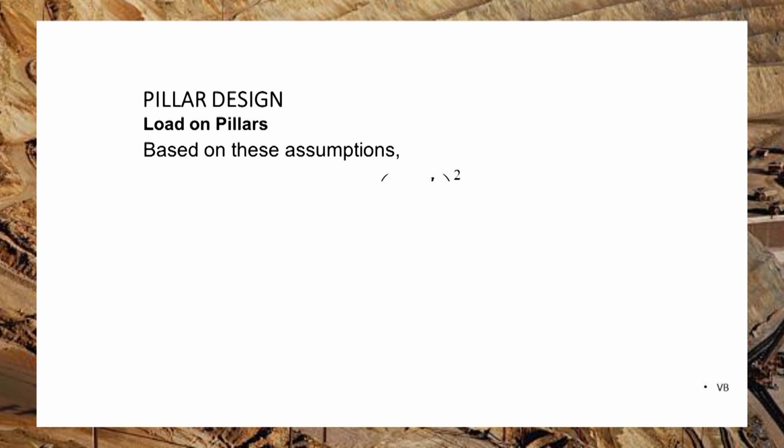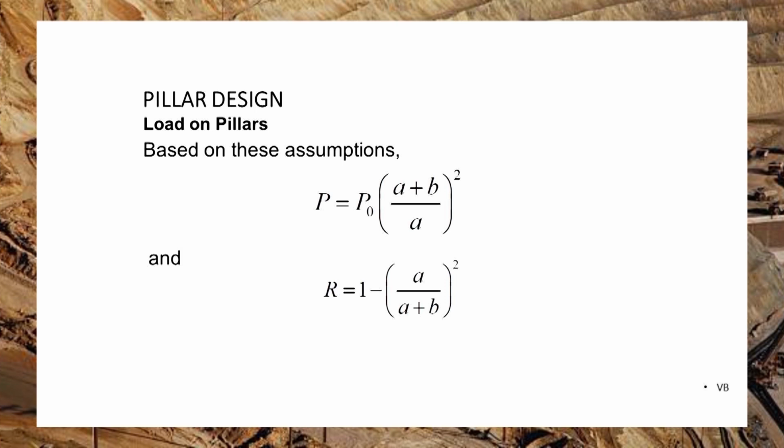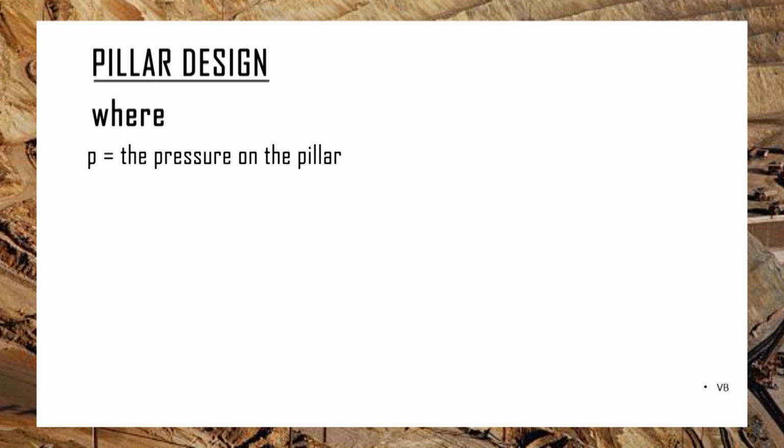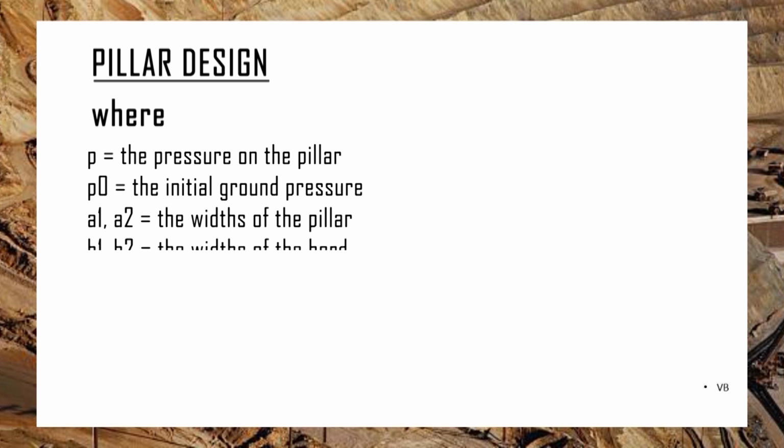The load on pillars based on these assumptions is P equal to P0 into (A plus B upon A) the whole squared, and R is equal to 1 minus (A by A plus B) the whole squared, where P is the pressure on the pillars, P0 the initial ground pressure, A1 A2 is the width of the pillar, B1 B2 is the width of the board, and capital R is percentage extraction.